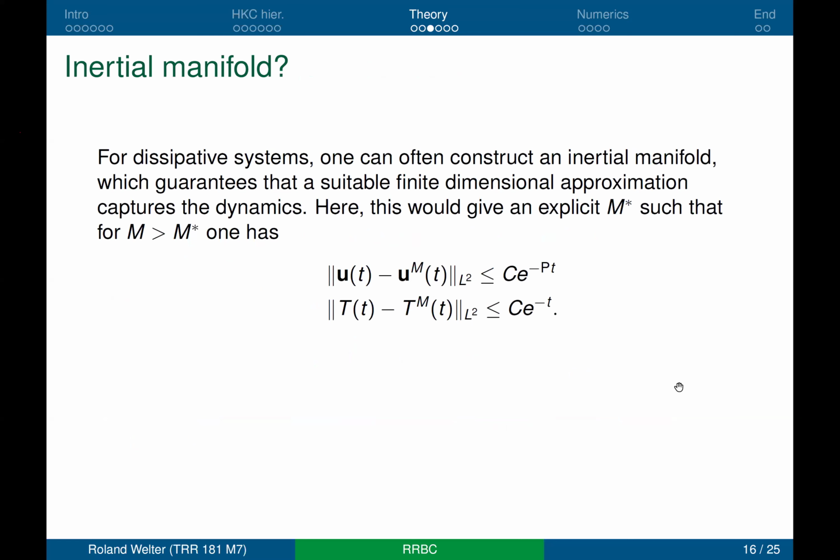That's why I'm trying to study these questions theoretically.